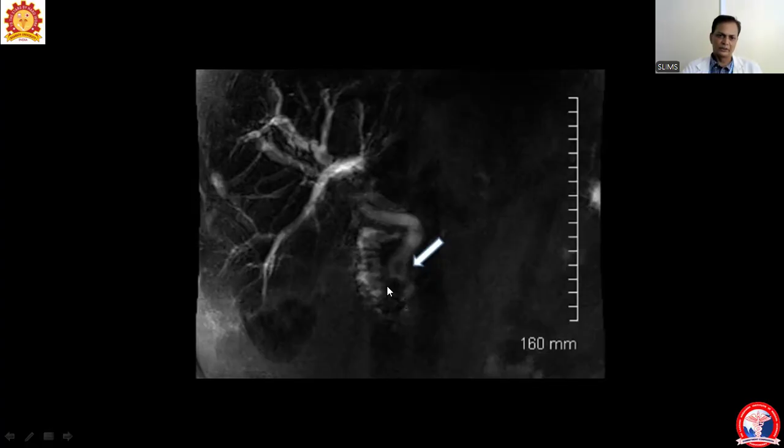So two calculi are seen. This is a completely obstructing calculus in the ampullary region, causing complete obstruction, leading to proximal CBD dilatation. Here we are seeing intrahepatic biliary radicals, which are also prominently seen, and the CBD is dilated, secondary to obstruction at the ampullary region of the common bile duct.